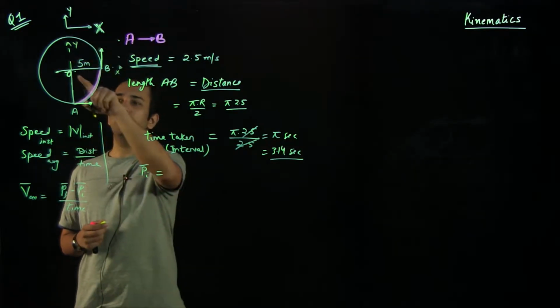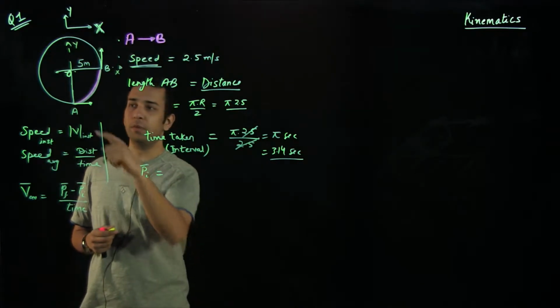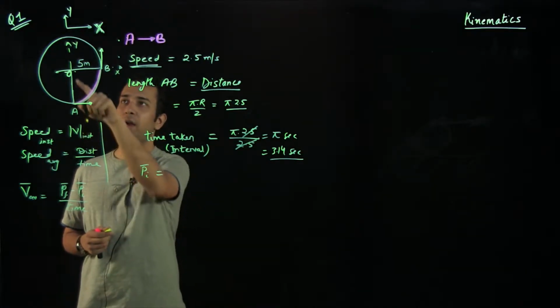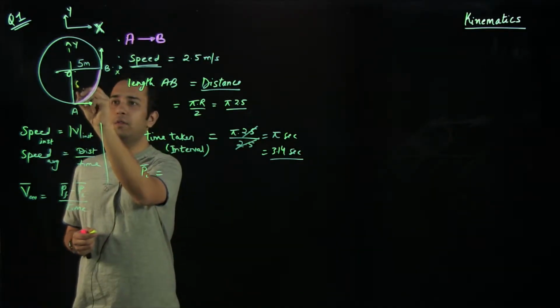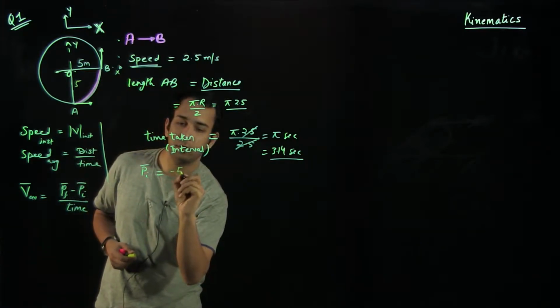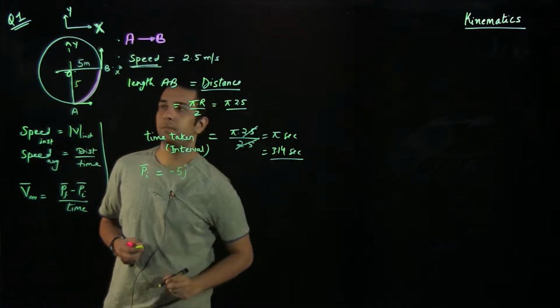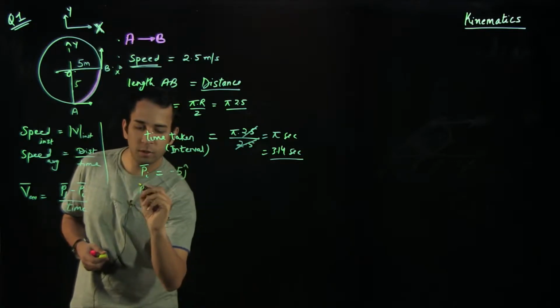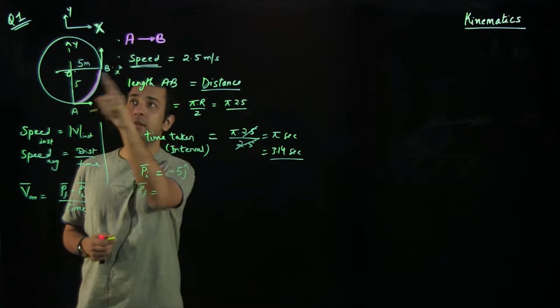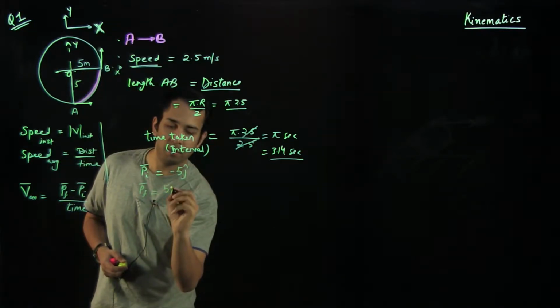The initial position of the particle is at point A, which is minus 5 j cap, and similarly the final position of the particle is 5 i cap.